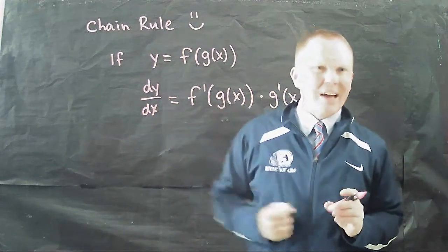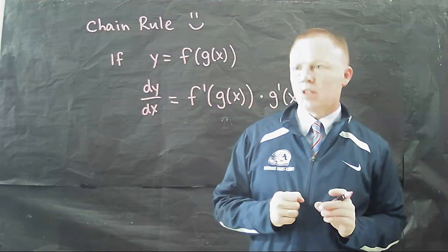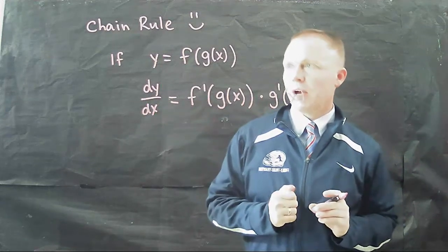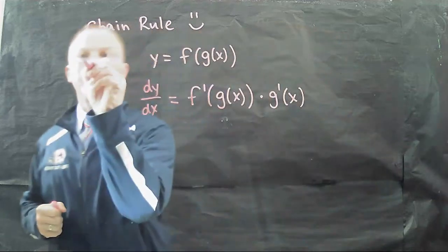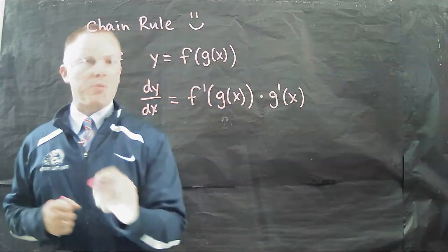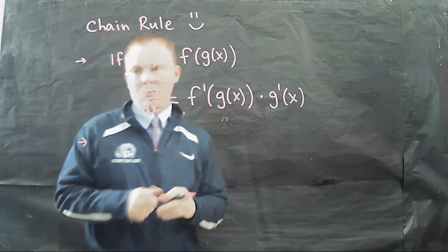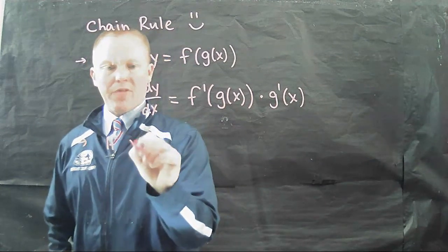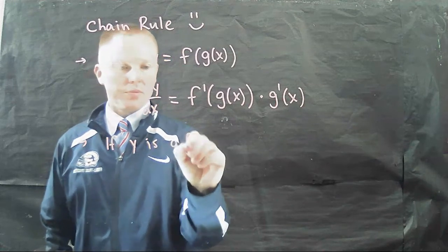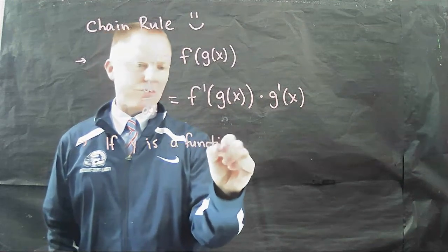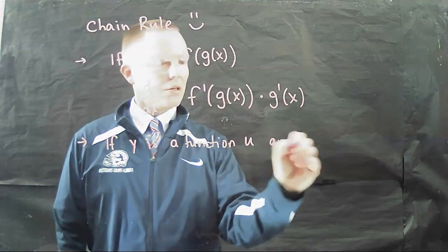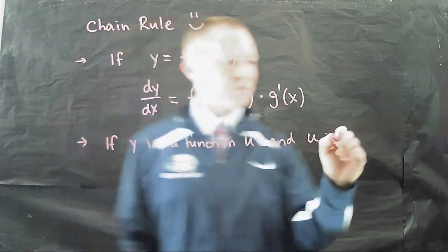In a minute, we'll break down one of these and show you how that works, just so you can see it. But we won't necessarily write it out this way every time. Okay? Another way that we can think about the chain rule, and this will come up in further discussion when we get into some applications: if y is a function of u, and you don't have to use u here, you could use other variables, and u is a function of x.